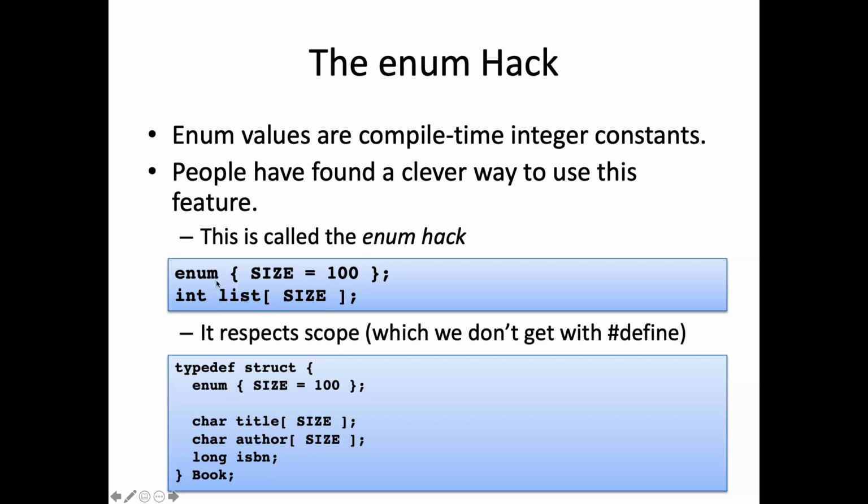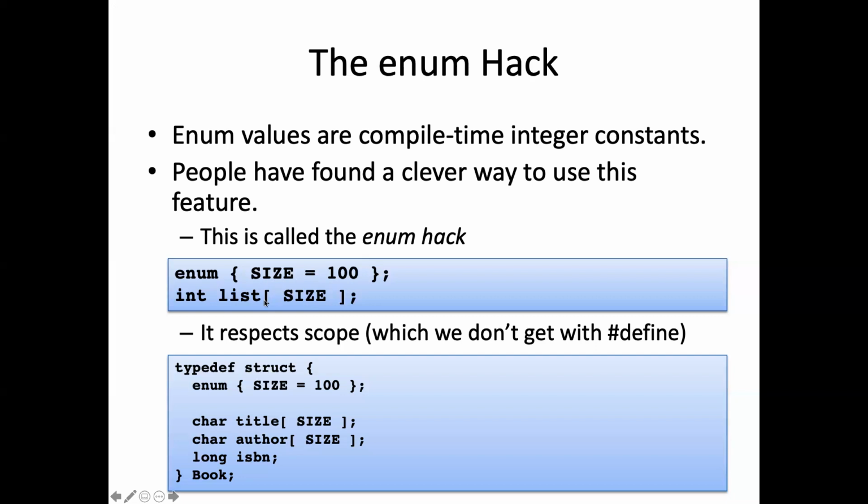I didn't even give it a name because I'm not really going to use it as a type. I just used it as a holder for the size enumerated value, and I mapped that to 100. So size is going to get replaced by 100, or at least the compiler knows size is a name for 100, but it still considers this a compile time constant.